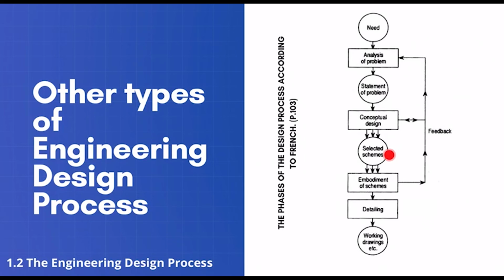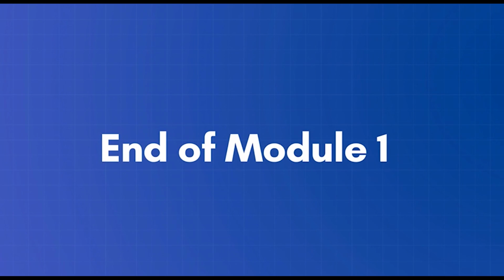This concept later will be put into the embodiment design, and lastly a drawing of that product will be made. Then the working drawing will be made, and the process will continue through fabrication or else. So that's all for Module 1.